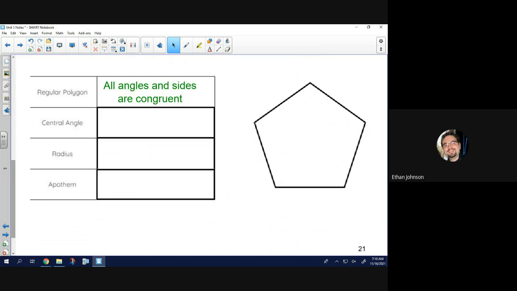Well, in order to do that, we need to find what's called a central angle. And we are also original in naming things because a central angle is an angle in the center.